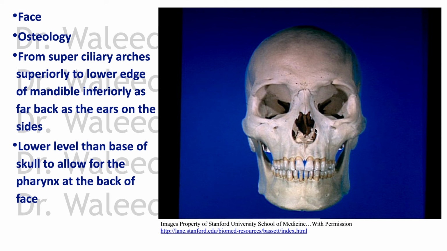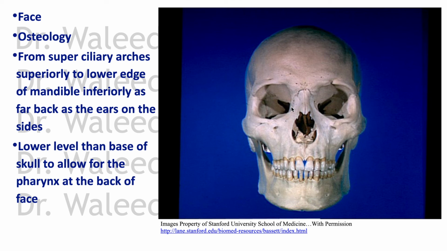Appreciate the contributions to the cavities, like what bones contribute to the orbital cavity, for example. You can see here the greater wing of the sphenoid, and this is the lesser wing of sphenoid. The maxilla, the zygomatic bone, as well as the frontal contribute to the orbit. Also note that the nasal cavity is in between the orbital cavities.